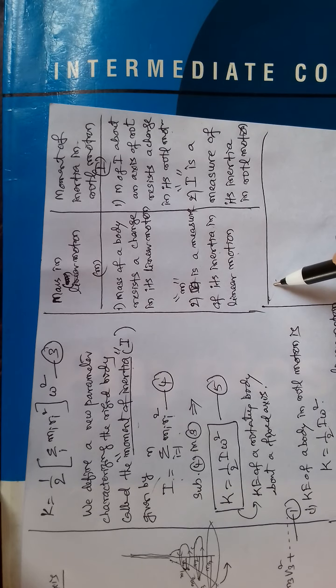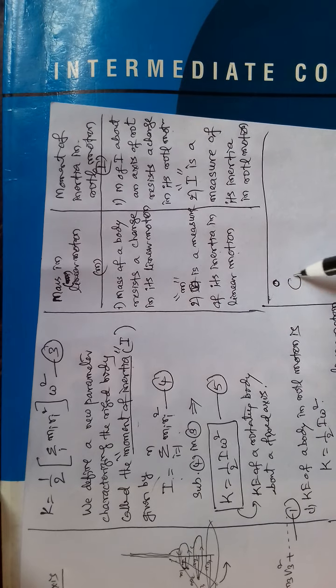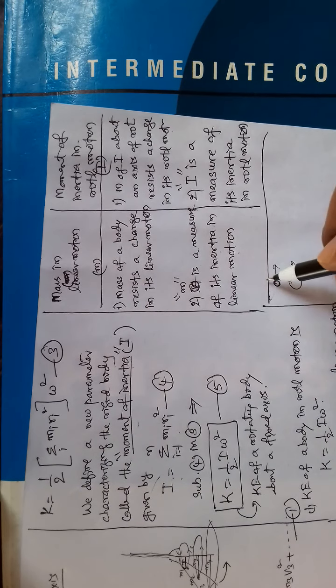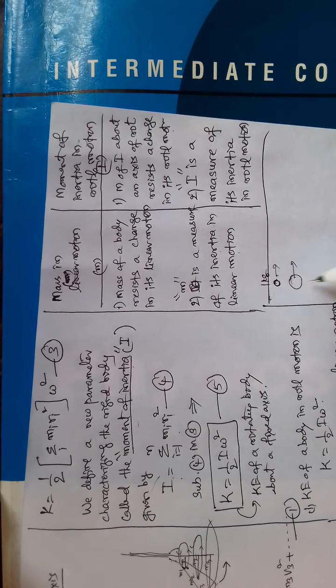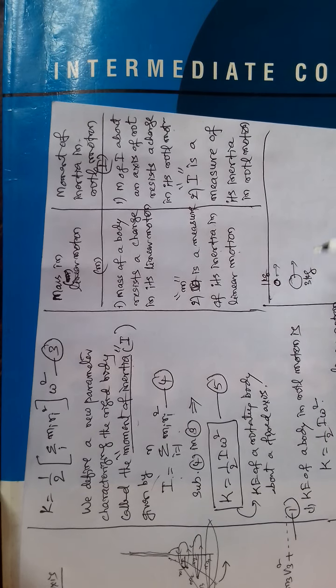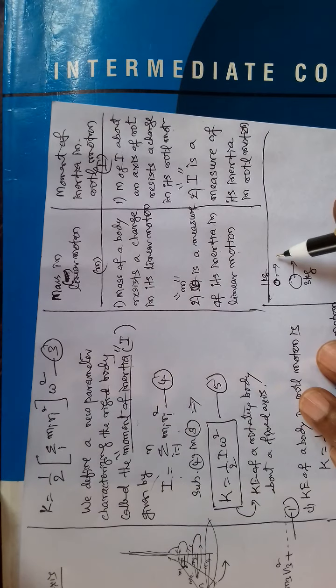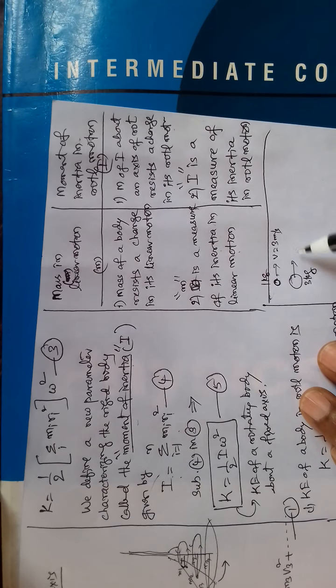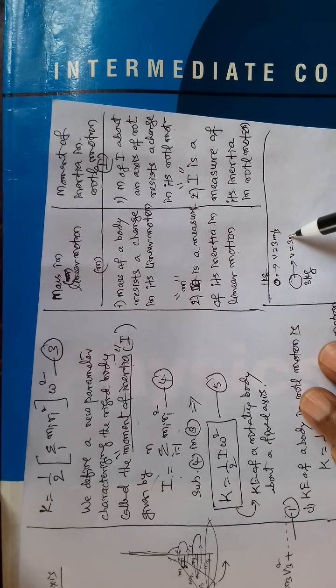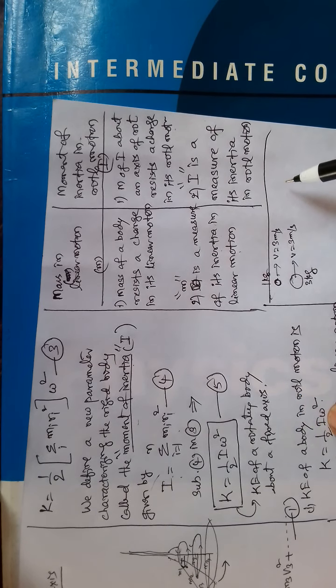Suppose two bodies of different masses are put to motion. Suppose this is having 1 kg and this is having 3 kg mass. Initially both are having the same velocity, say 3 meter per second. Here also 3 meter per second. They have started with the same velocity.